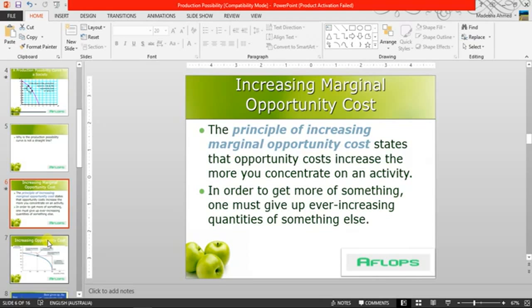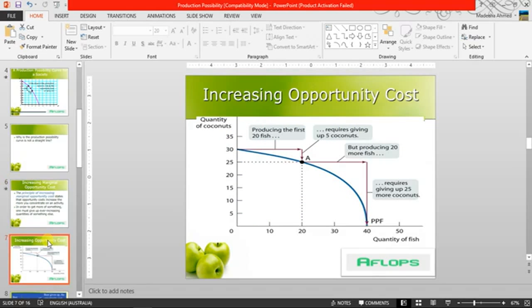This means that the more you enhance the production of one product, the more you will be required to forego the production of the other product, because this is the principle of increasing marginal opportunity cost. Marginal opportunity cost keeps on increasing with the increase in production. This is evident from this graph.